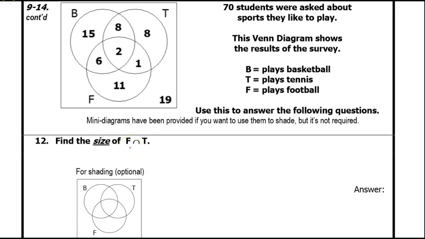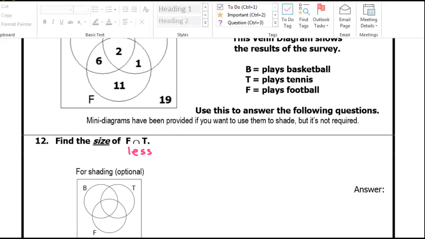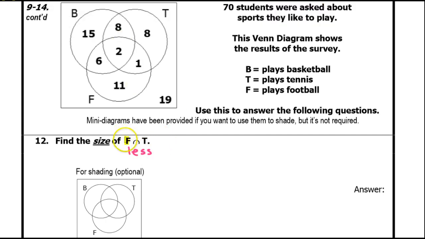But I'm going to use that in another way right now. If I want to do F and T, I'm keeping in mind that this is going to be less. So I will start with F, and F is going to be this number, this number, this number, and this number. That's F, all of those four numbers.